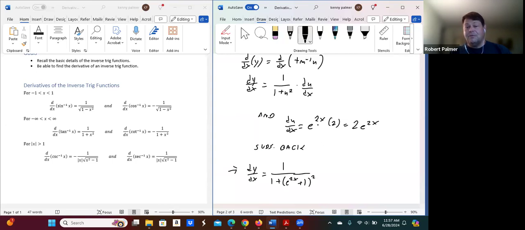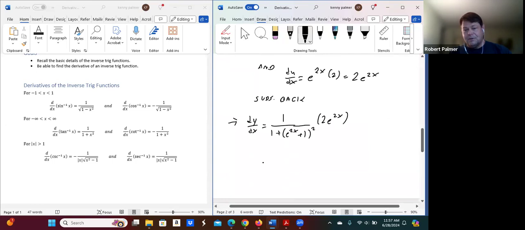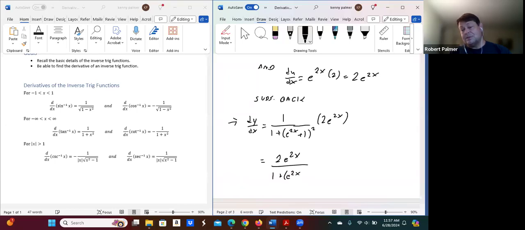Then the derivative du dx is 2 times e to the 2x. And then we can put those together, and we have 2e to the 2x over the same denominator, 1 plus, in parentheses, e to the 2x plus 1, quantity squared. Now, once again, the u substitution is not necessary, but often can be helpful just to make a complicated function a little easier to work with, a little easier to understand.